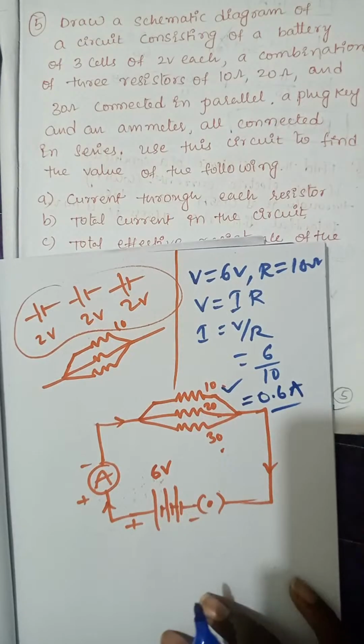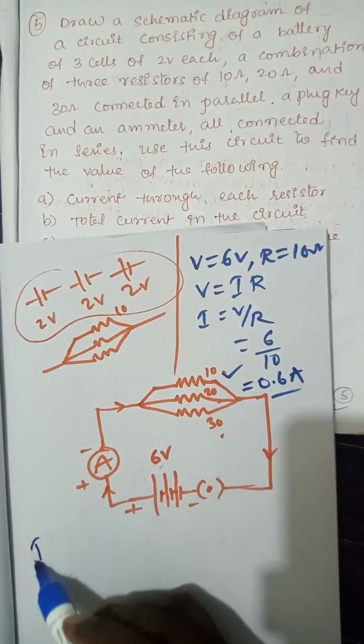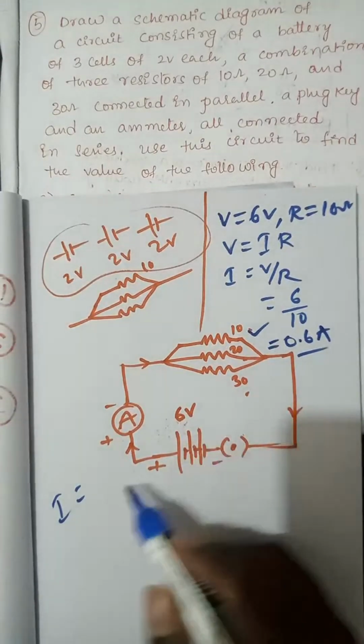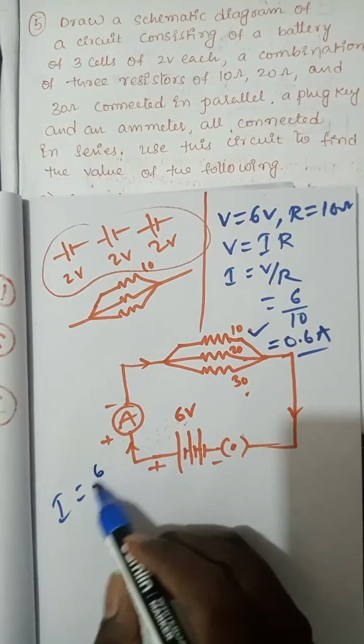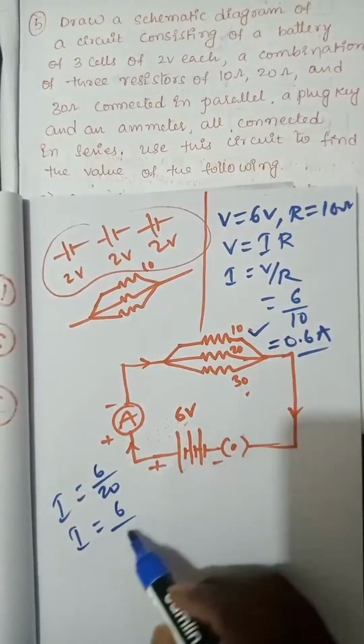Next one, 20 ohm. Directly you can take I equal to 6 by 20, and next I equal to 6 by 30.